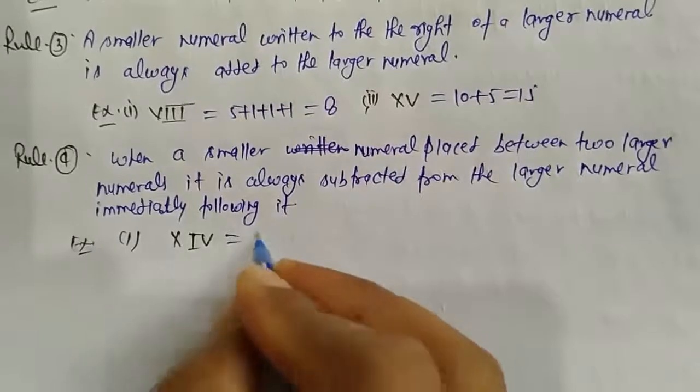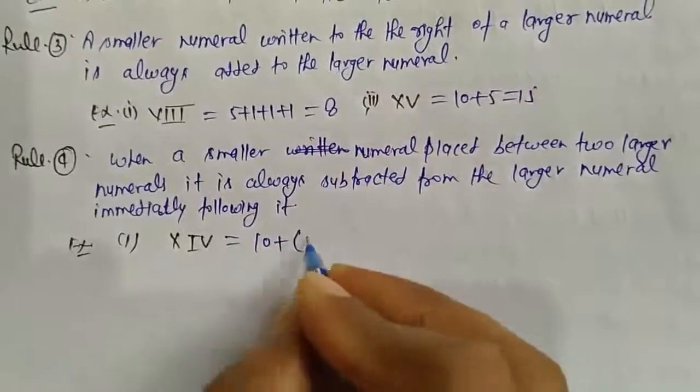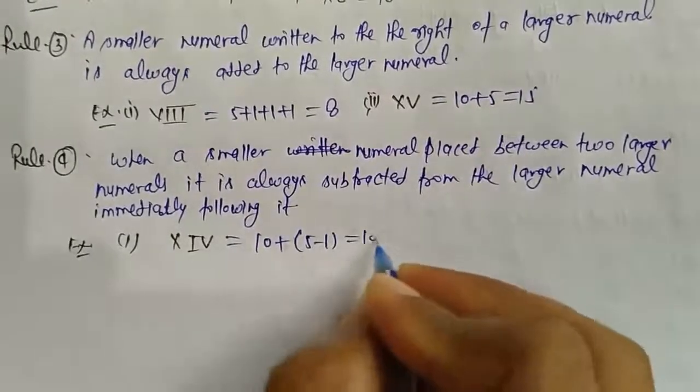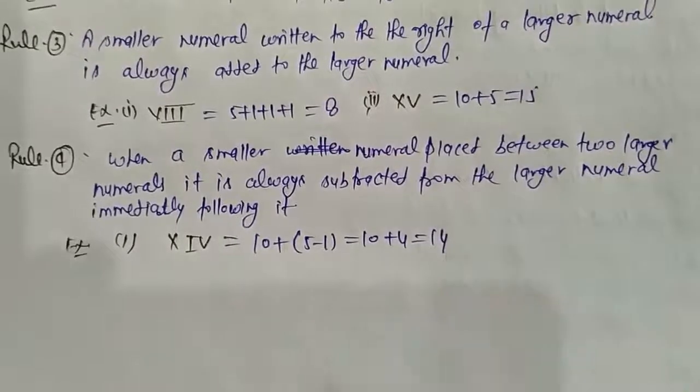Then what we do is 10 plus 5 minus 1, and that is the representation of 14.